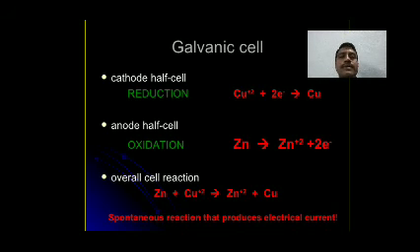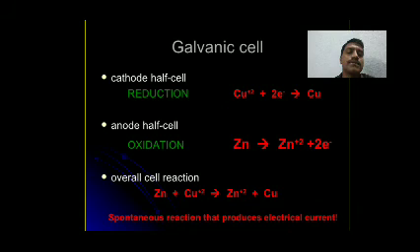In an electrolytic cell, the cathode is represented by a negative charge and the anode by a positive charge. In a galvanic cell, the cathode has a positive charge and the anode a negative charge. In an electrolytic cell, the salt bridge is absent.